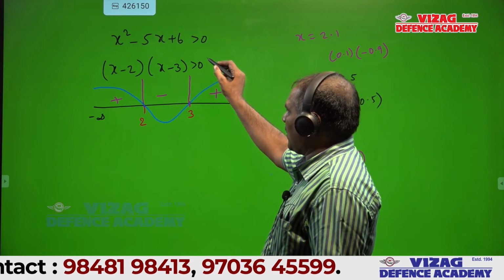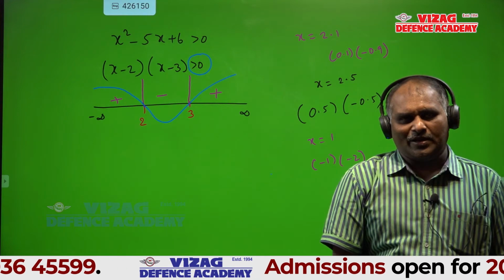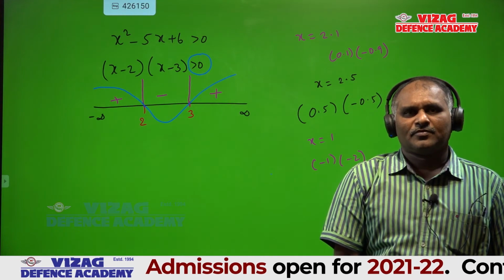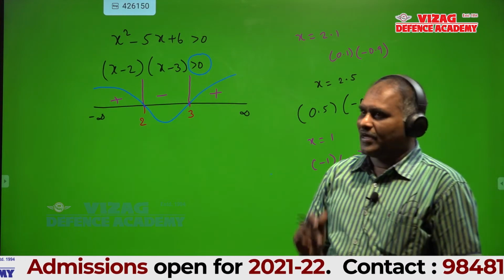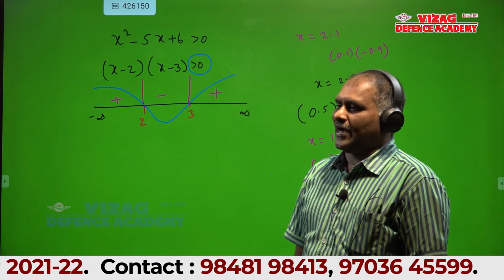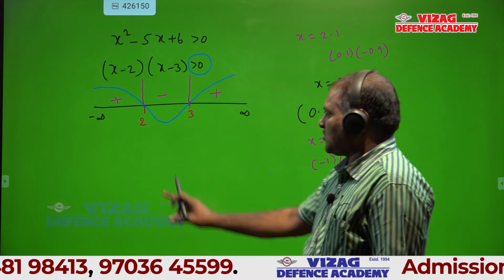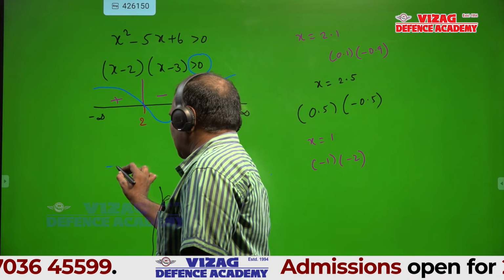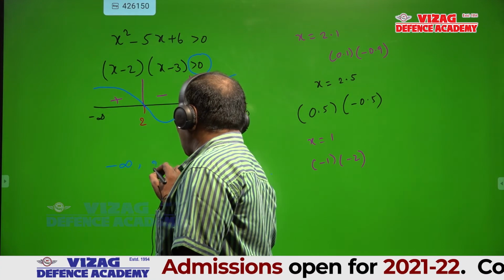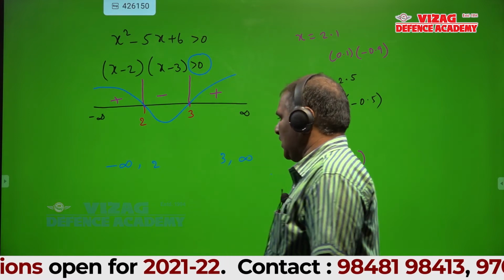But in this one, what is given, greater than or less than? Greater than, and greater than indicates positive. Where will that positive be? Minus infinity to 2 and 3 to infinity.